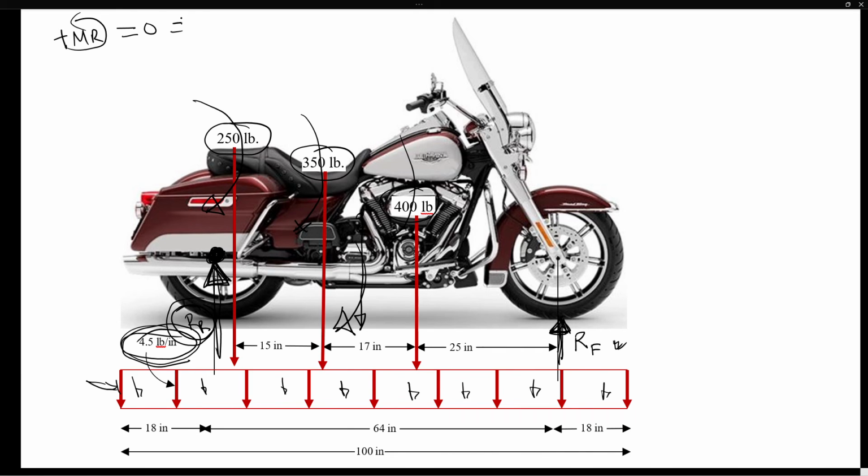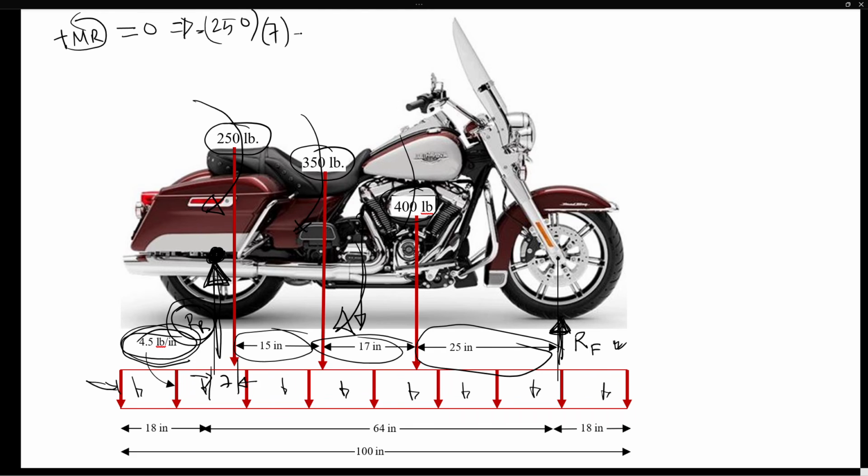It's going to be, simply, for that 250-pound loading, 7 inches away. The way you can calculate that is the total wheelbase is 64 inches, and then you subtract all these dimensions from the 64 inches, and that gives you 7 inches for the passenger distance from the rear wheel. And that's going to be a negative moment.